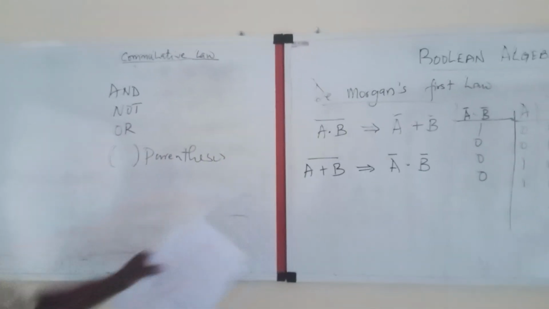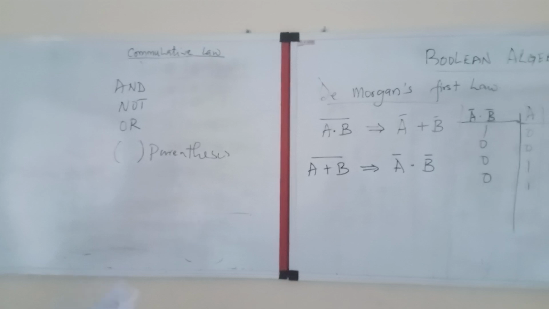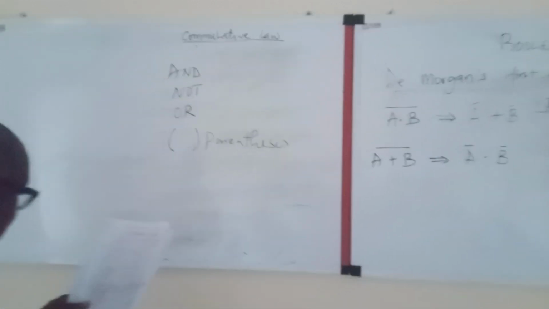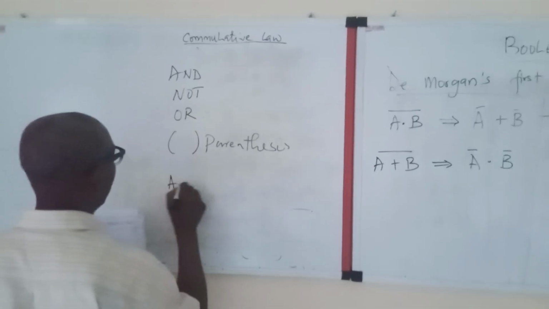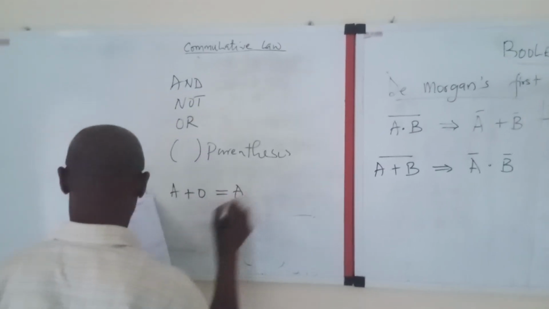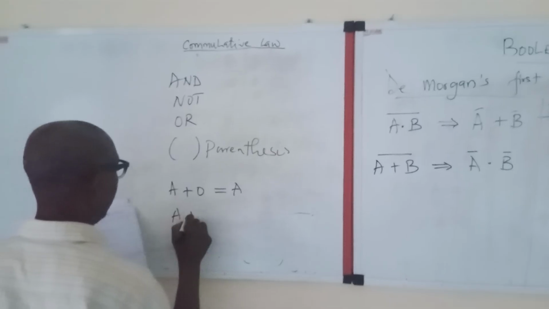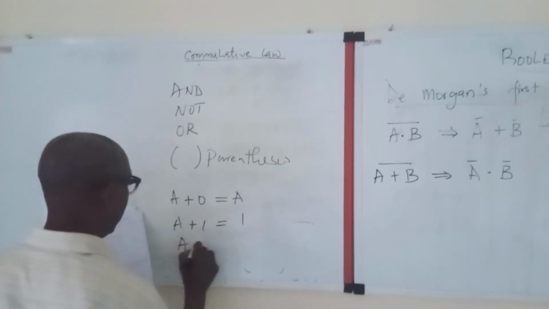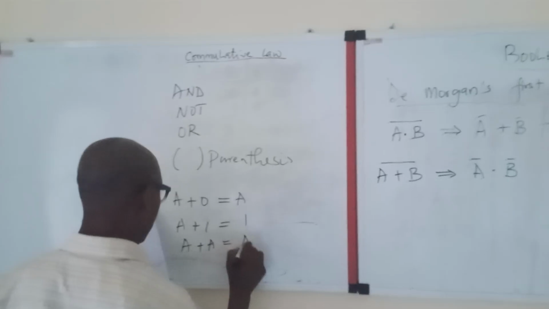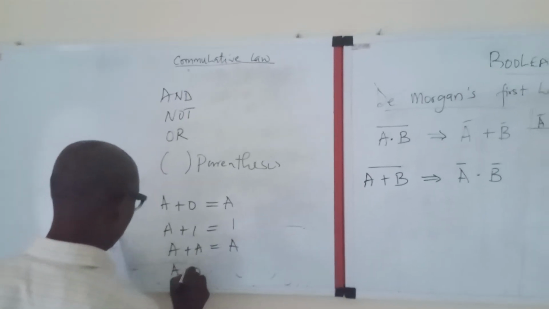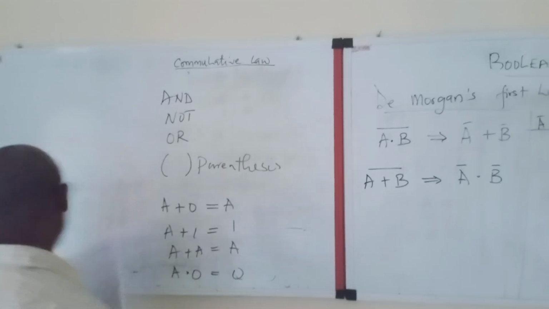Our brackets. Now we have also come up with some laws, some fundamentals, which are A or 0 gives us A, A or 1 gives us 1, A or A gives us A, and A and 0 gives us 0.